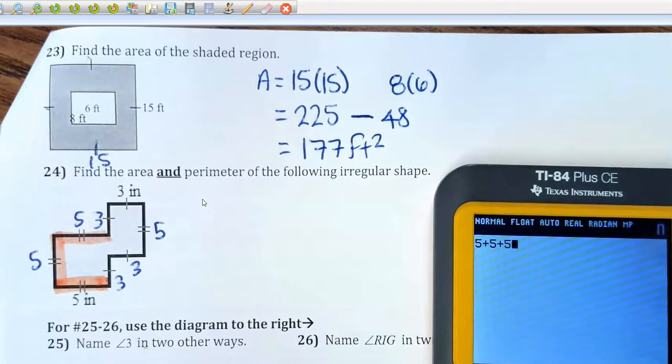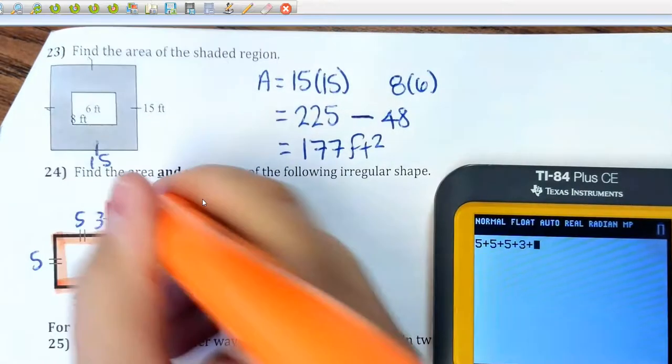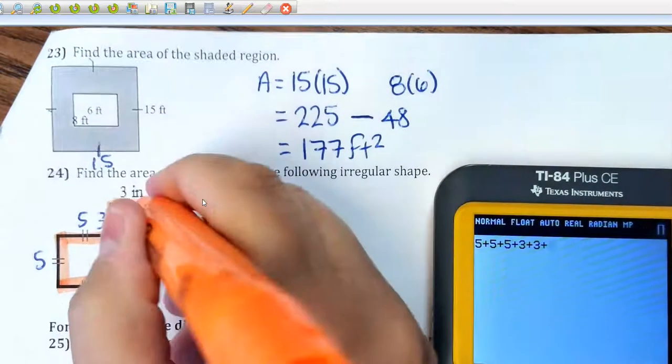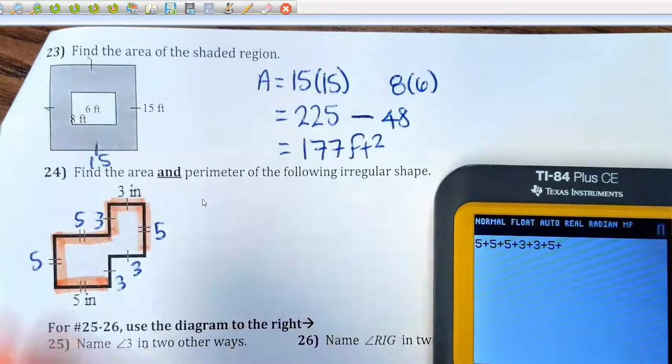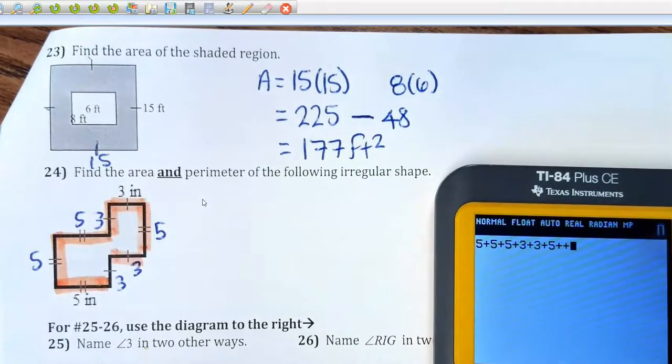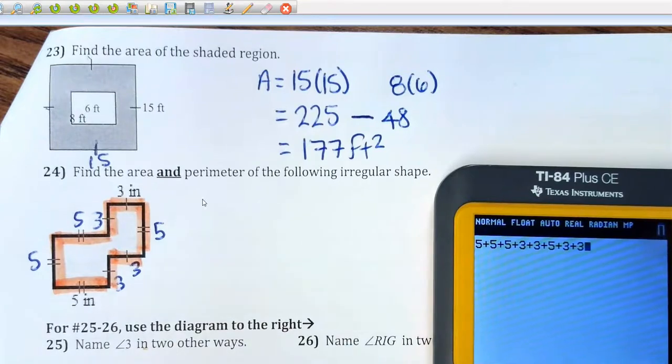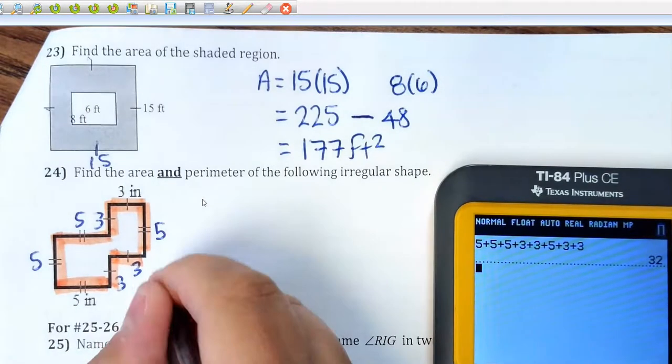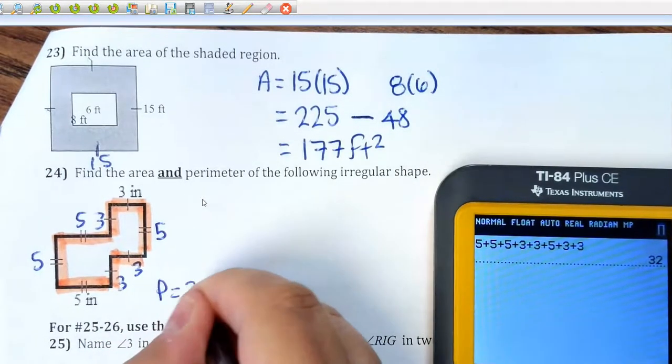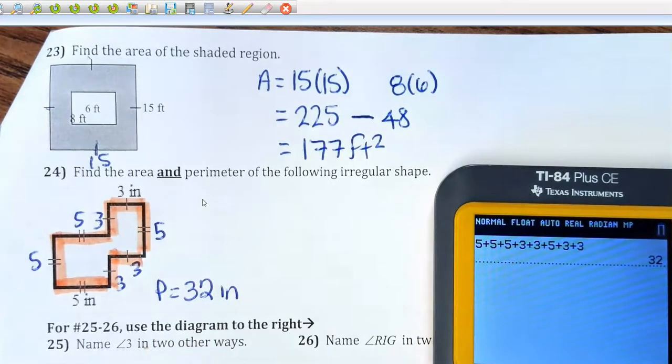Then I got a 3, then I got another 3, and then I got a 5, and then I got a 3, and then I got one more 3. I highlighted as I went around because I wanted to make sure I didn't skip a side or count a side twice. So here, perimeter is going to be 32 just plain inches. And then this also says find the area.